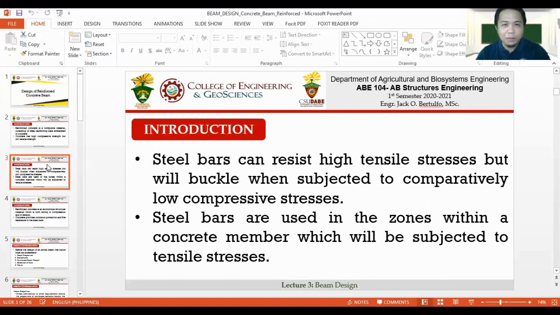As you recall, when we derived the flexural formula, with the beam bending, this part here is subjected to compression, and this part here is subjected to tension. So that's why we need to place the reinforcing bar in this region, because it can resist high tensile stress. Okay, so proper zoning is important with this.